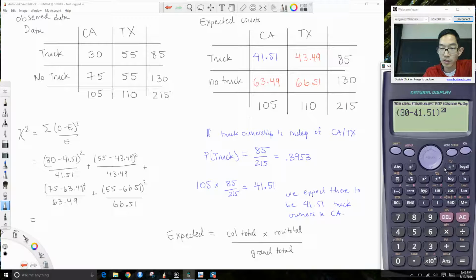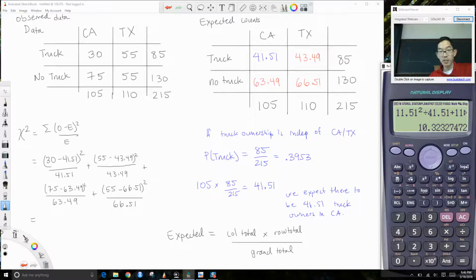So actually, let's just do, what is it? I think it's 11.51, right? Okay, so let's just do 11.51 squared divided by 41.51 plus 11.51 squared divided by 43.49 plus 11.51 squared divided by 63.49 plus 11.51 squared divided by 66.51.